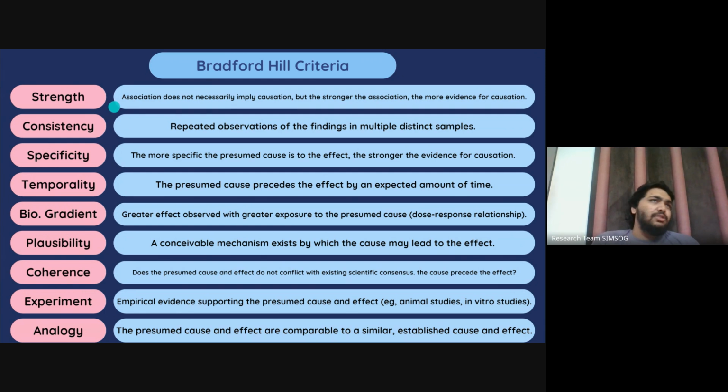For example, years ago, we did not know smoking causes lung cancer. But then researchers started finding out that there is a higher incidence of lung cancer in people who smoke. They found this out by prospective cohort studies. Actually, it began with case control studies.